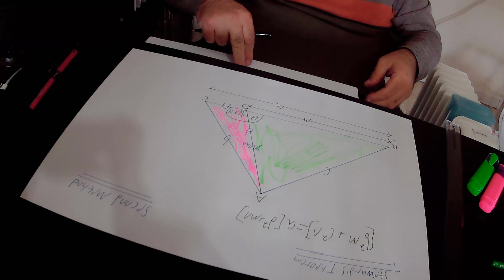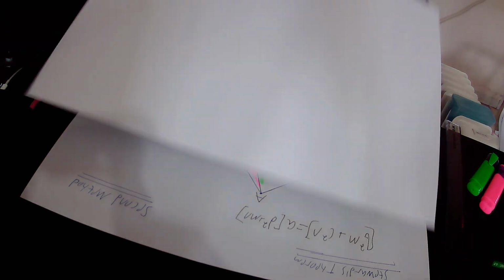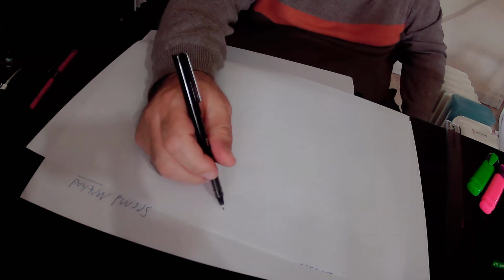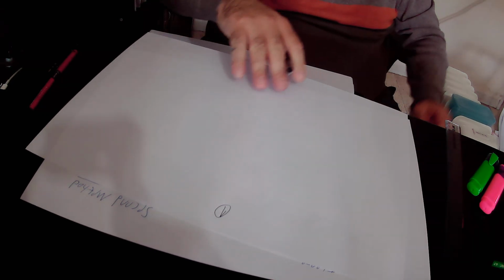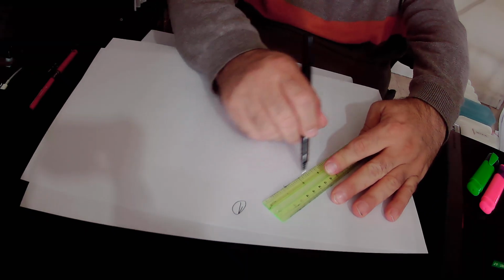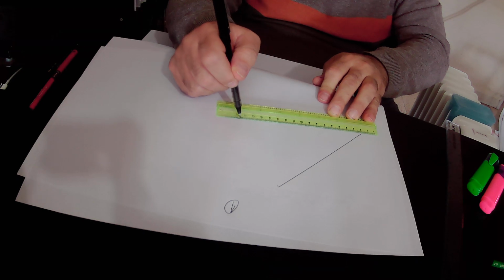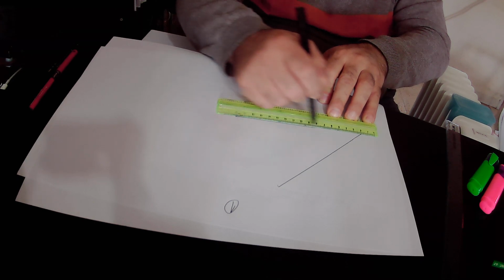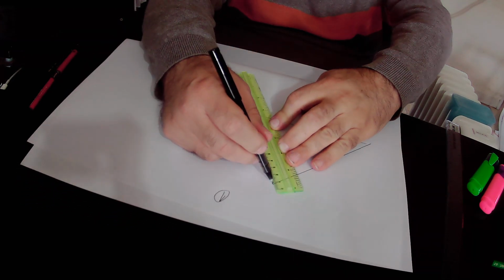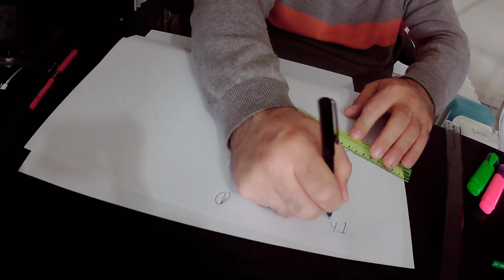Actually, the law of cosines is true in any triangle. So this triangle ABC could be any triangle.